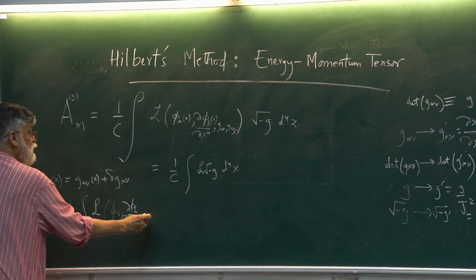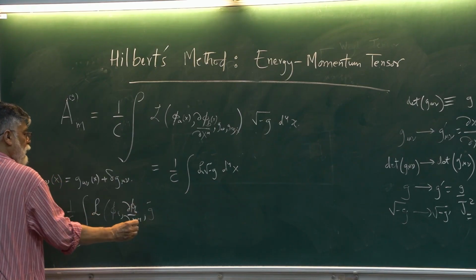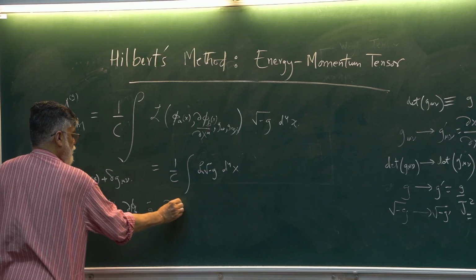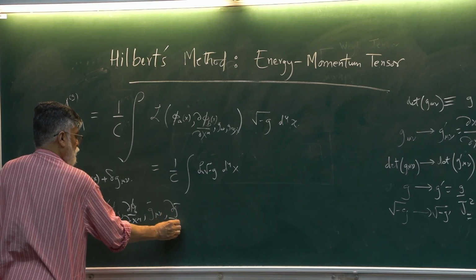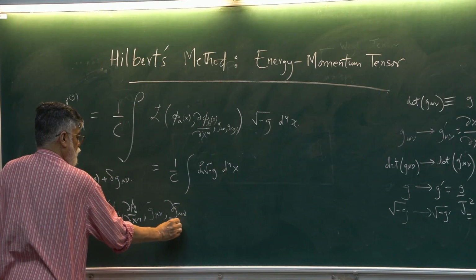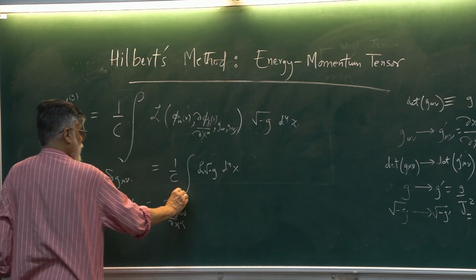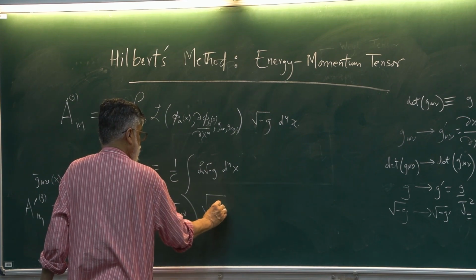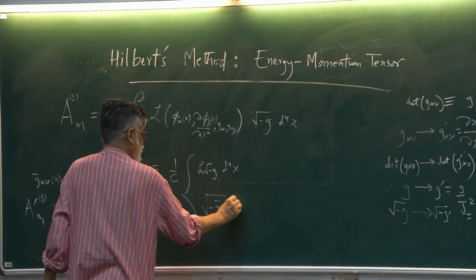It's the metric that will change, g bar mu nu, and derivatives of g. So no coordinate changes, only the metric is being changed. So therefore the determinant will change, root minus g bar d4x.